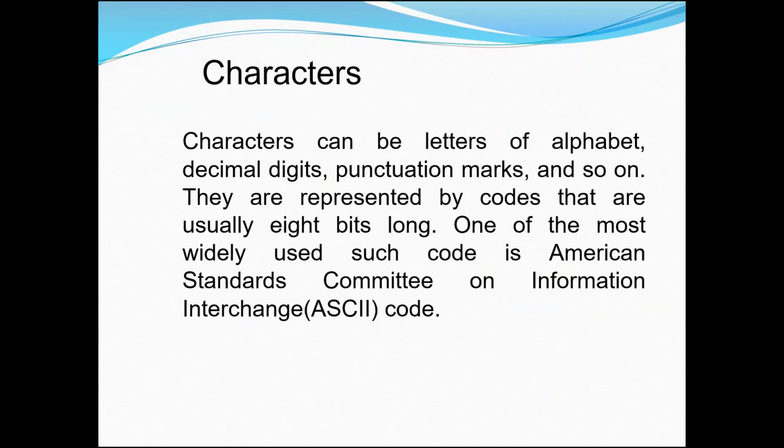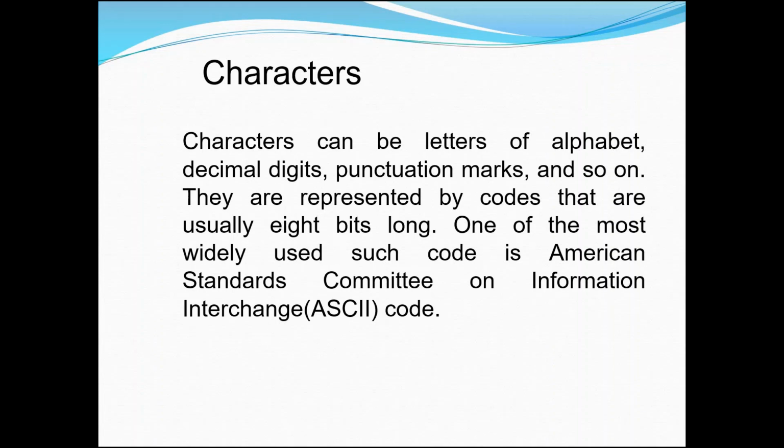Now coming to characters, as we all know that in addition to numbers, the computer must be able to handle text information consisting of characters. Now characters can be letters of the alphabet, decimal digits, punctuation marks and so on.